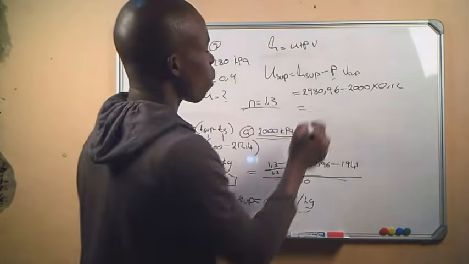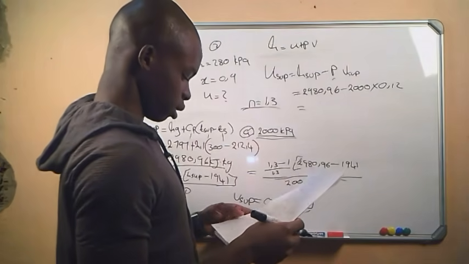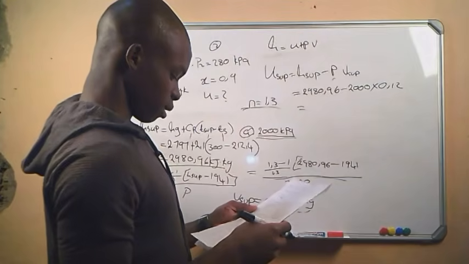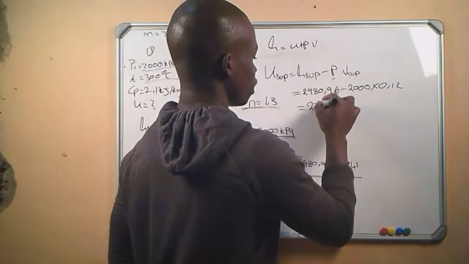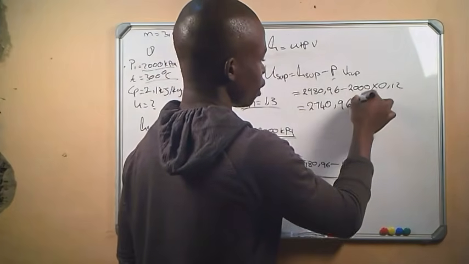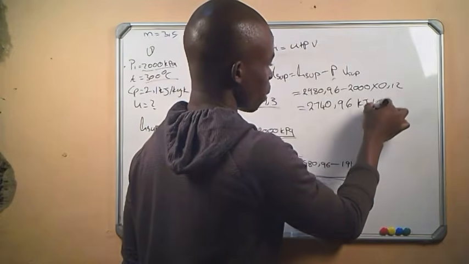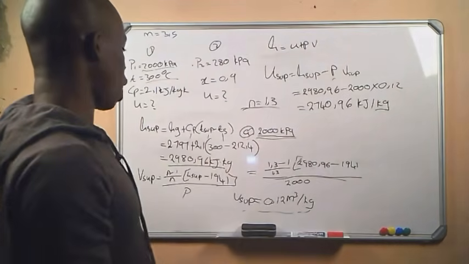And then my answer, I got 2740.96 kilojoules per kg.